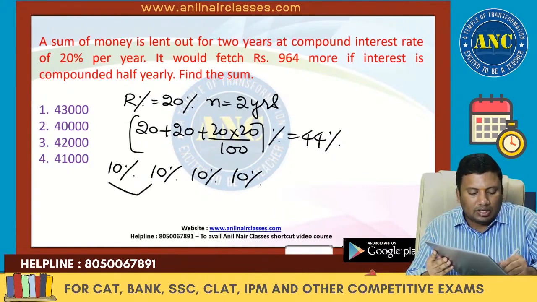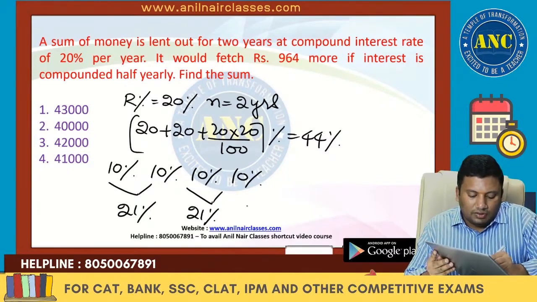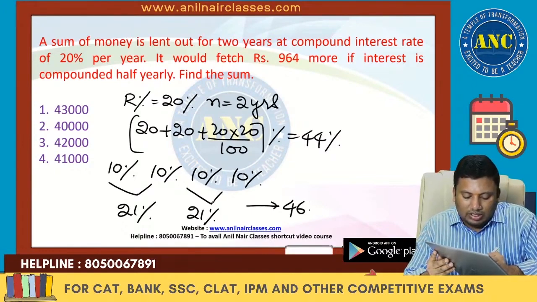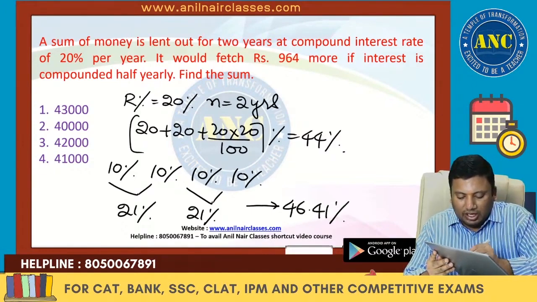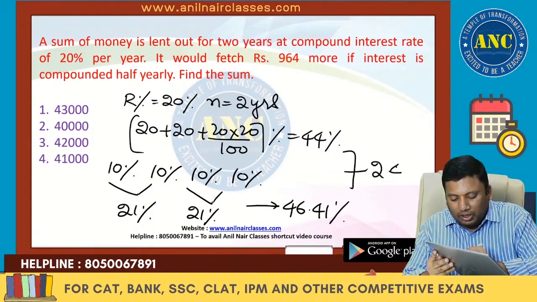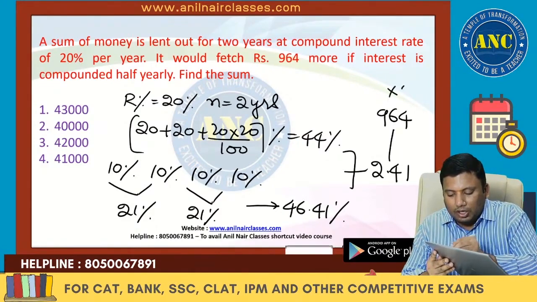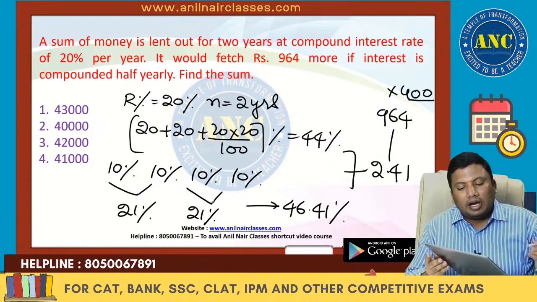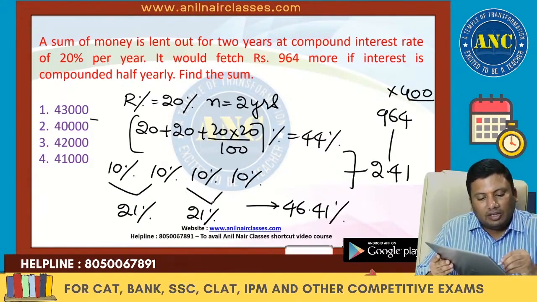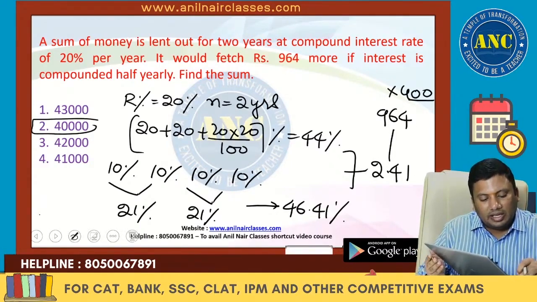This is nothing but 21, this is nothing but 21. This will become 46.41 percentage. Gap is 2.41. But according to the question, it is 964 into 400. 100 into 400 is 40,000. I hope the idea is clear.